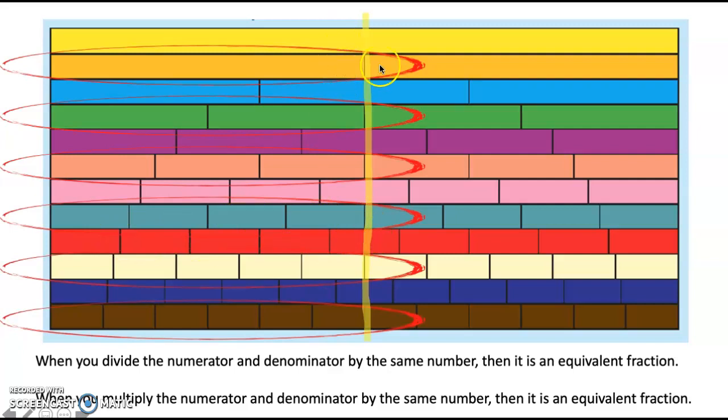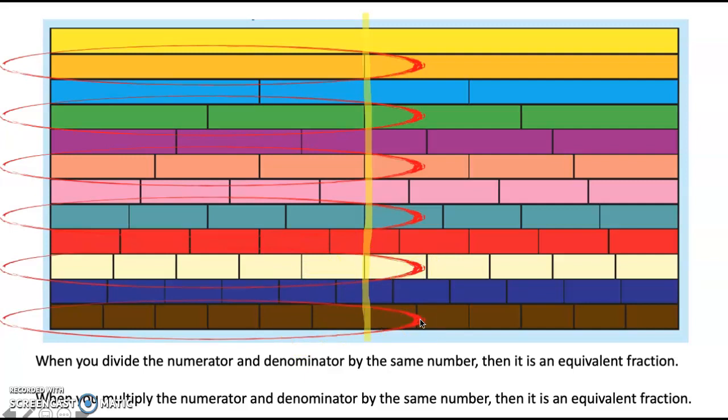So here we have 1 out of 2, 1/2. Then here, 2 parts out of 4 total. And we see visually that this is the same as 1/2. Same as 3 out of 6, 4 out of 8, 5 out of 10, and 6 out of 12.